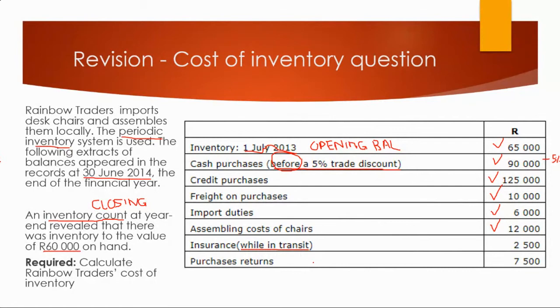Is this maybe a cost that we've incurred to bring our goods to its present location? Yes, so because it's a cost that we've incurred to bring it to our present location before we assembled it, this would also be included for that reason. Okay, so it's very important that they told you while in transit. If they didn't tell you this, then it would have been a no.